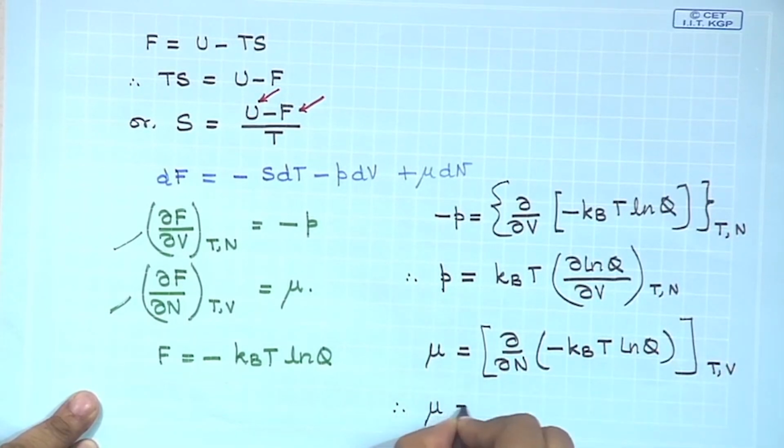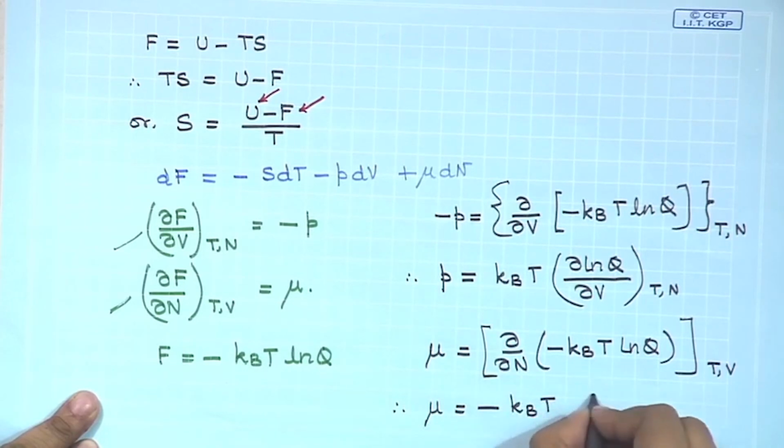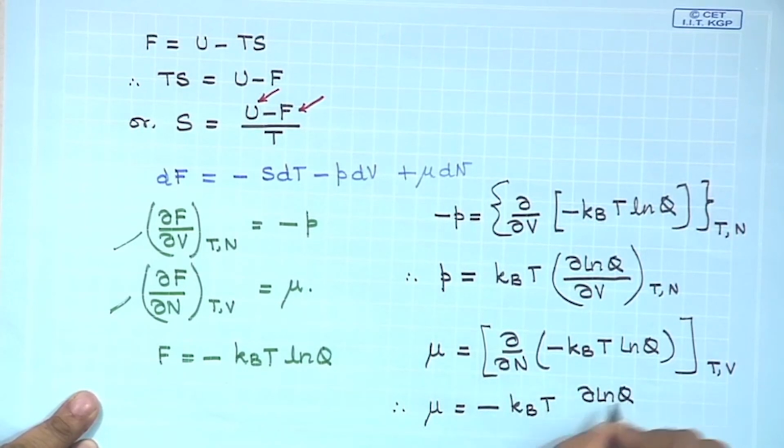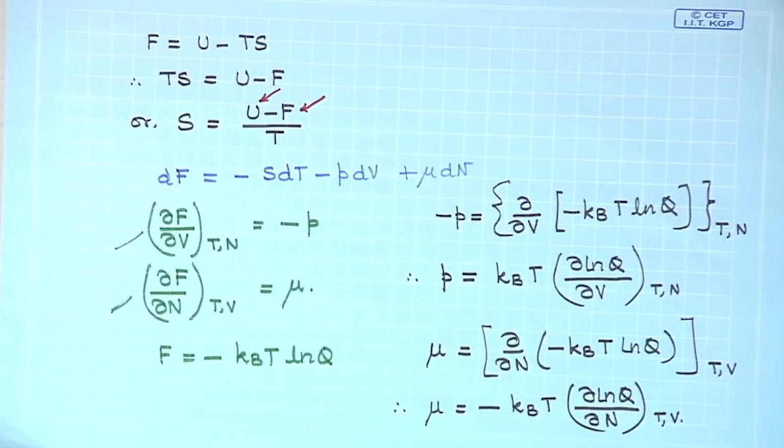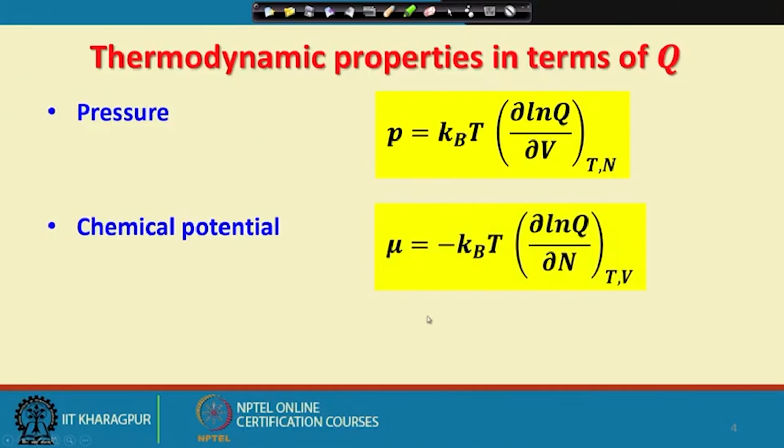Under such a condition, I can take out the kT from the derivative and write that this is del ln Q del N at constant T, V. So, even if in general it is not a closed system, but an open one, you can find out the chemical potential starting from Q.